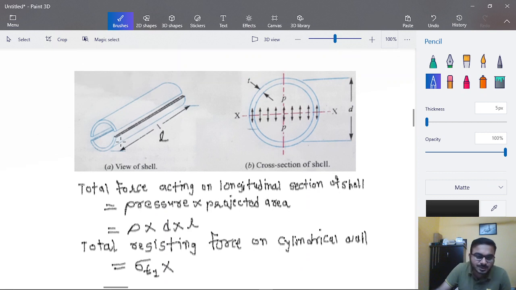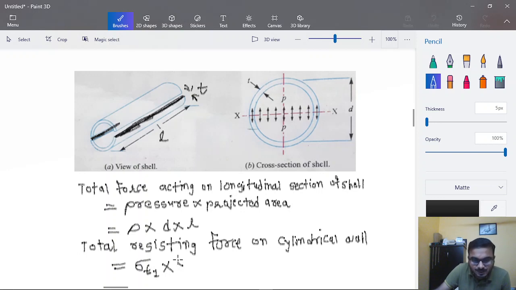As you can see, in this case it is breaking in this way. So we need to calculate this region. So as you can see, the length is L and this thickness is T. However, it is breaking from the two sides, so we need to count it twice.